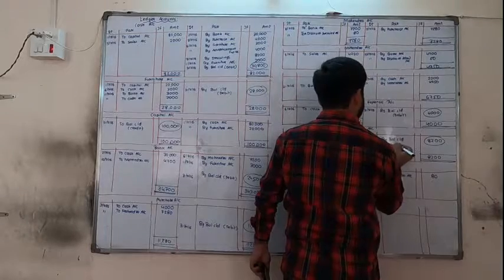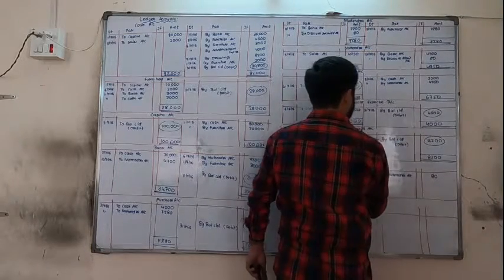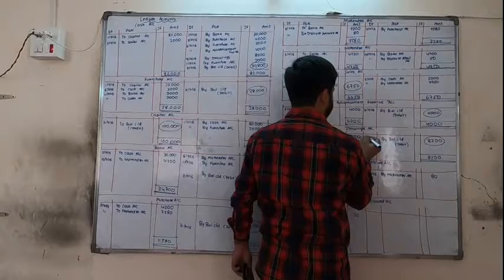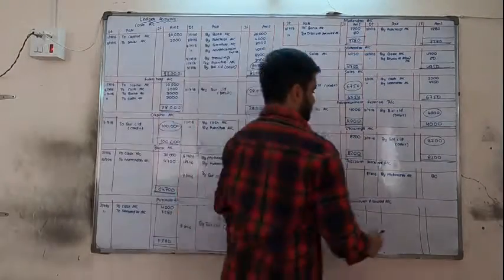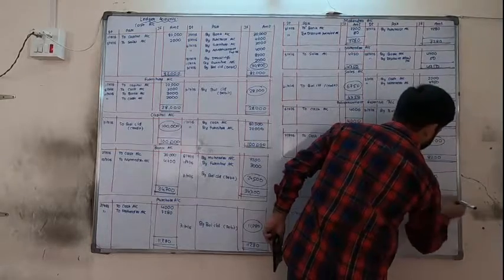Again for drawings also debit balance. Next, discount received.